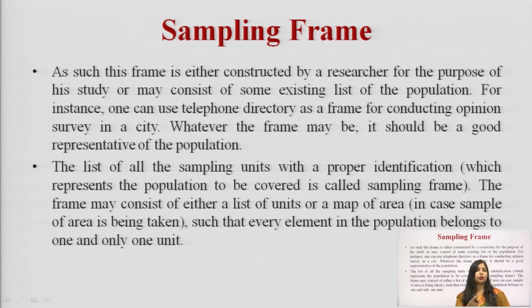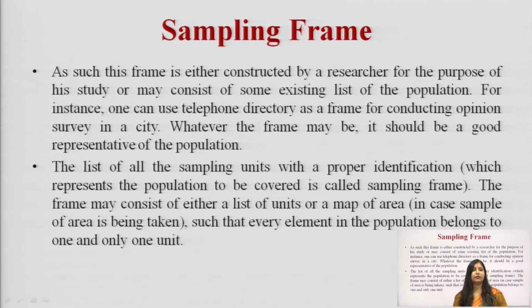So in present times, if you want to make the sampling frame and collect the data, people who are using social media websites can become your sampling frame to get your sample.